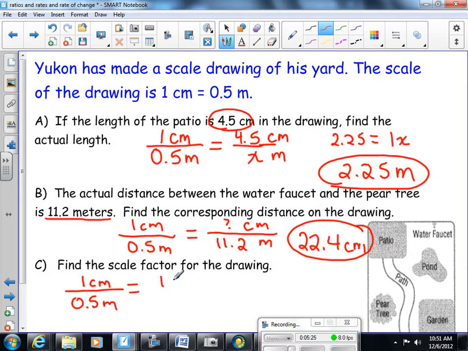So let's rewrite it: 1 centimeter, and let's change this to centimeters. 1/2 of a meter is how many centimeters? 1 meter is 100 centimeters, so 1/2 of a meter would be 50 centimeters. Is your numerator already at 1? Great, then this is the scale factor. It is 1 to 50.